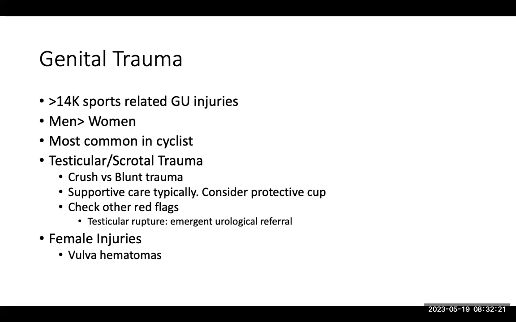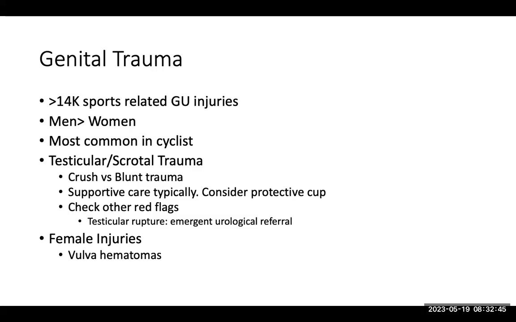We care about this because it can lead to subfertility and atrophic testes. The trauma can be a crush injury, which is essentially the testes pressing up against the pubic arch from an impacting object, or it can be blunt trauma to the scrotum. 75% of testicular injuries occur from blunt trauma, and it's not usually bilateral, only about 1% of the time is it on both sides.